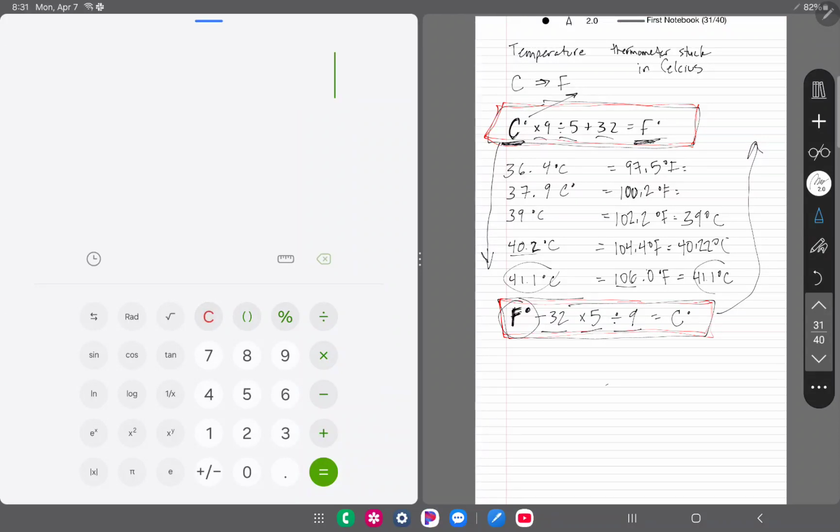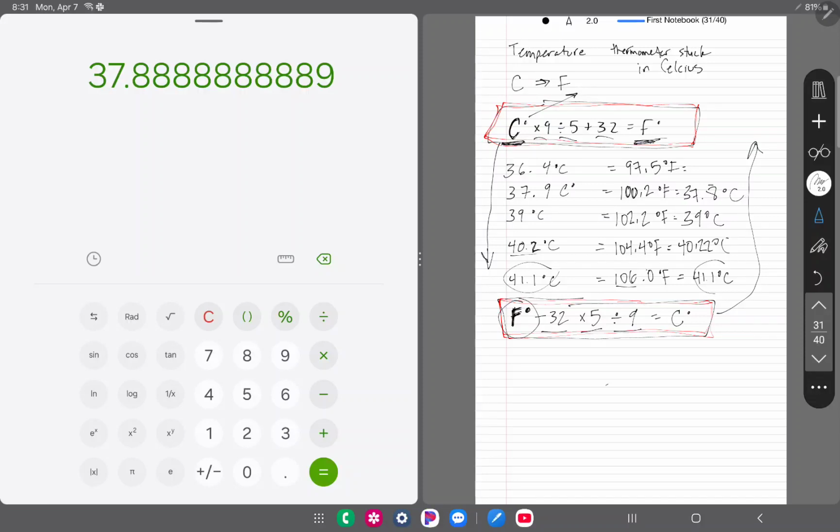And that's okay. Then we have 100.2 minus 32 times 5, divided by 9. And that's 37.8 repeating degrees Celsius.